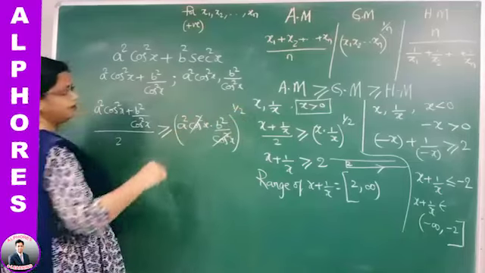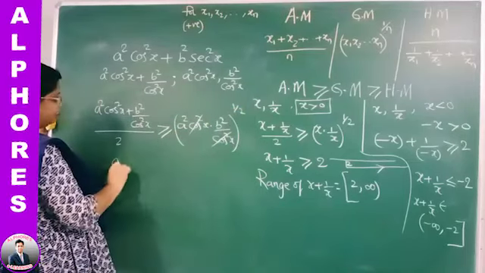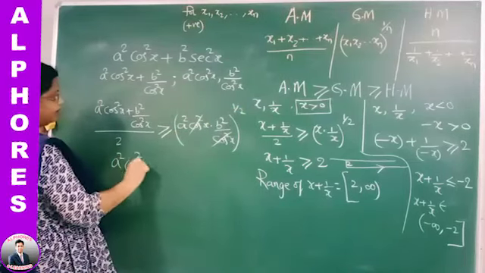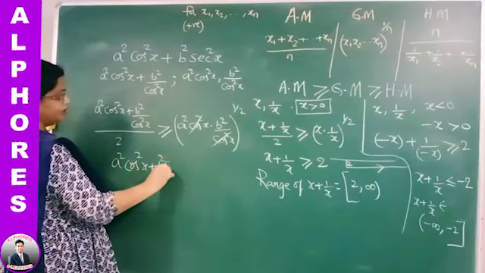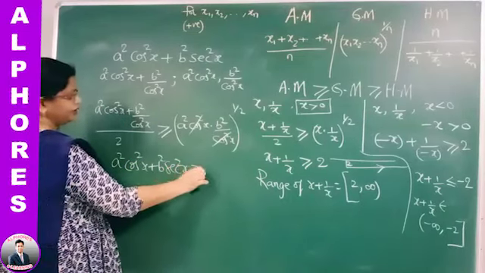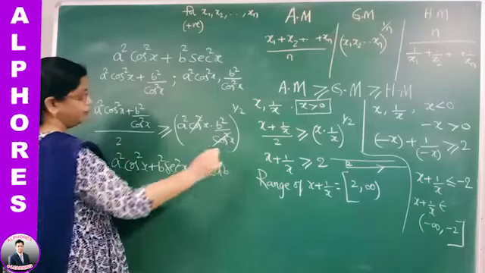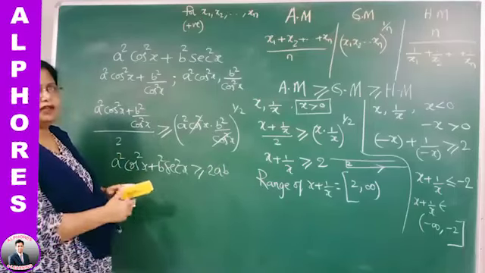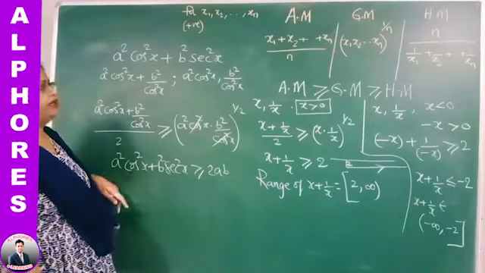Okay, now these two get cancelled. Then what is the value you got? A square cos square x plus b square secant square x is greater than or equal to 2ab. Therefore, what is the minimum value you got here? It is 2ab.